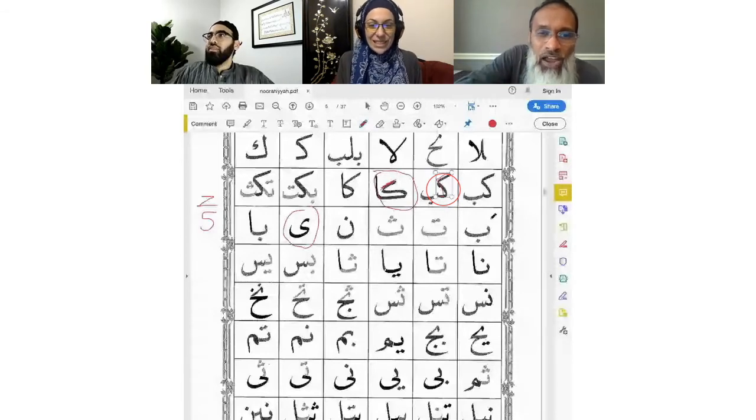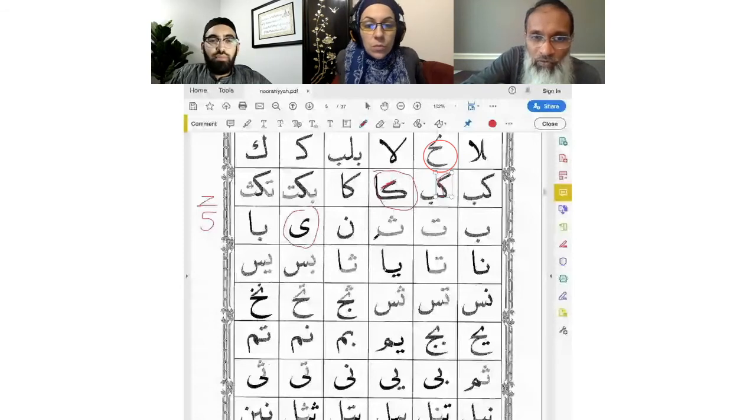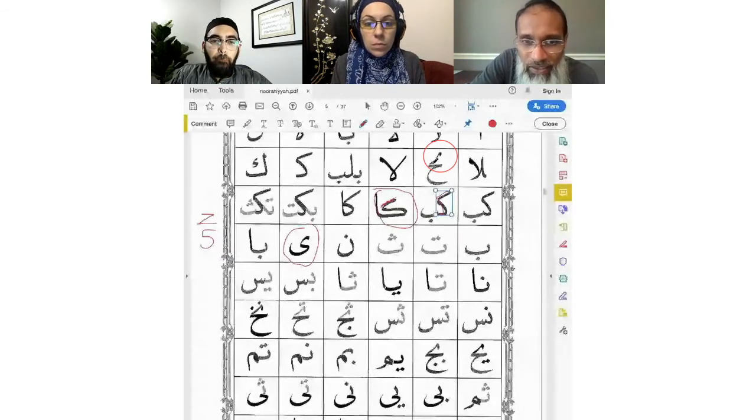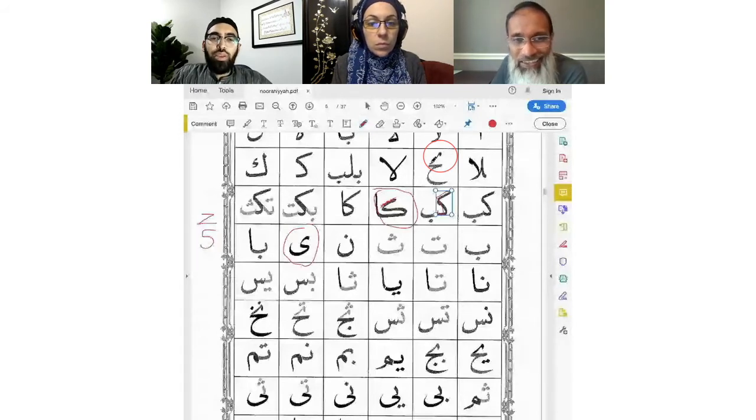But you know, the very top row, the second one from the right, next to the lam alif? Yes, this one is a lam. We're going to see more examples of that, but this is a lam. It has no dots. So when you have this connector with no dots, it connects to the next letter, and it's on top, then it's a lam.